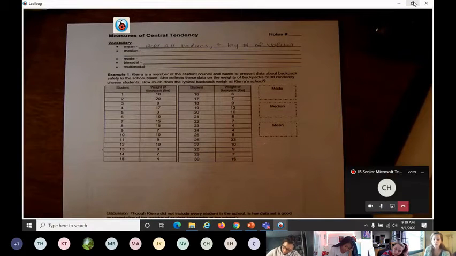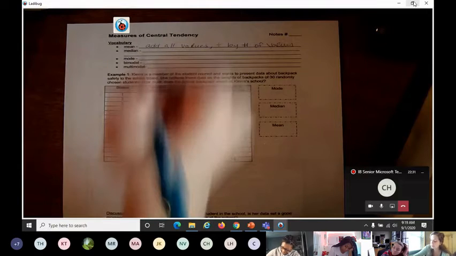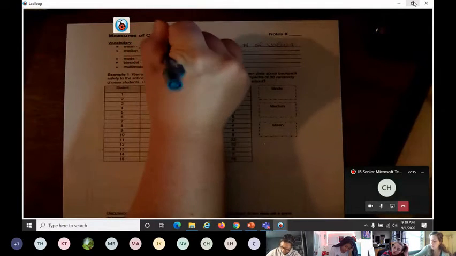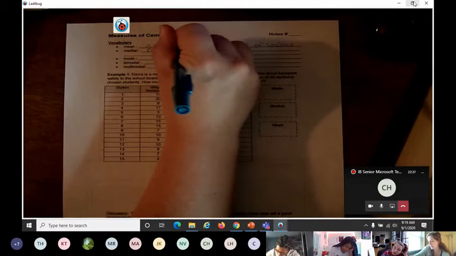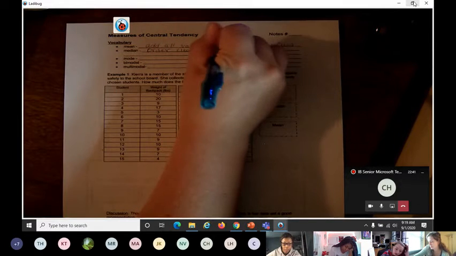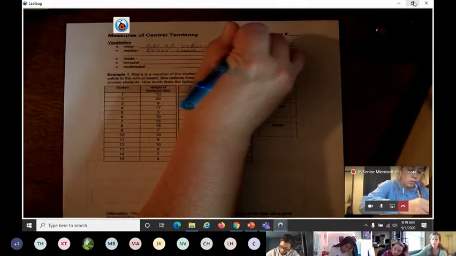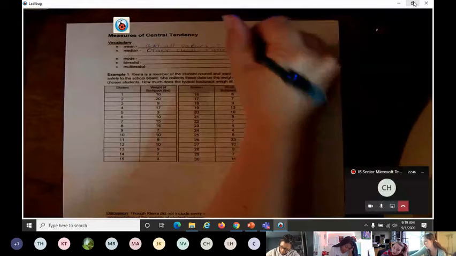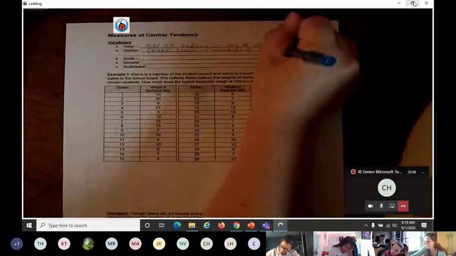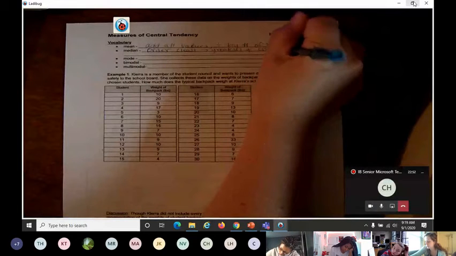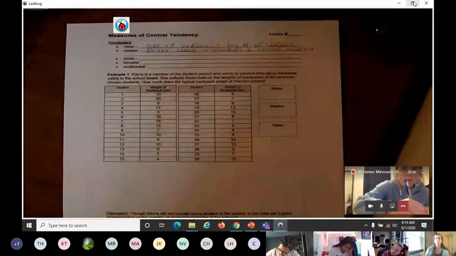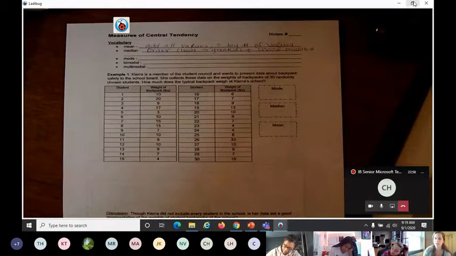Okay, the median we find by ordering all of the data from least to greatest, and then choosing the middle number. So the median is just the middle number. Can you guys see this or do I need to zoom in?